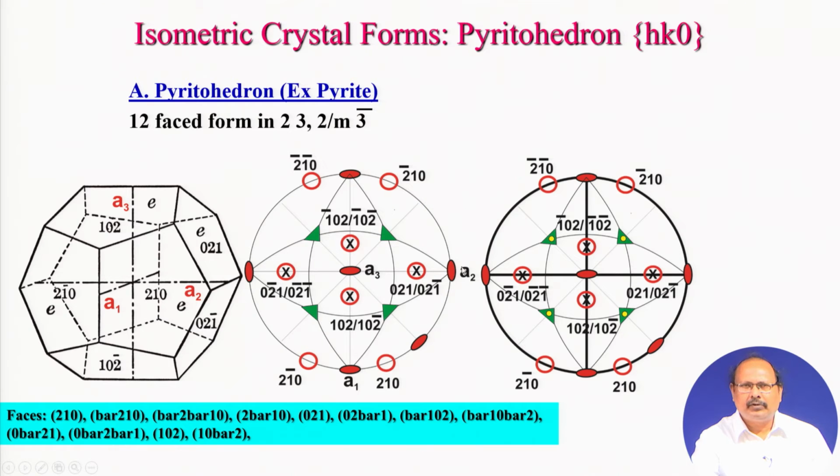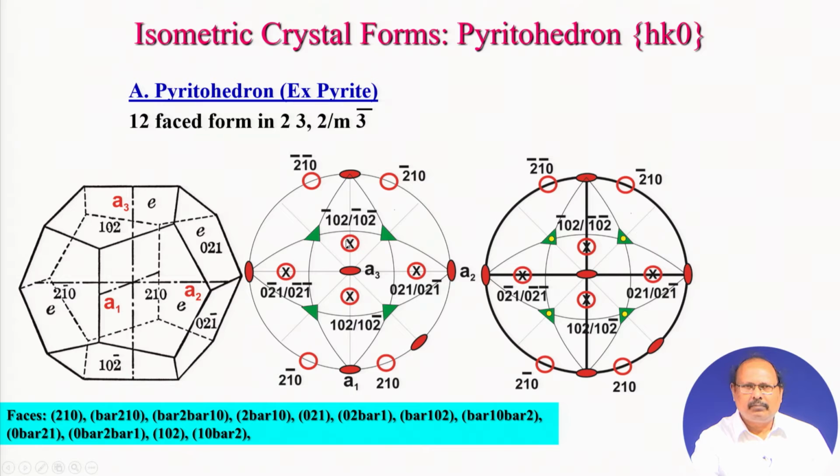We know this is 010 and this point here is bar 1 0 0, and this one will be bar 1 1 0. So, it intersects the positive direction of the A2 axis but the negative direction of the A1 axis. So, this is bar 1 1 0. Immediately this will lie in the zone between bar 1 0 0 and bar 1 1 0, so the symbol here will be bar 2 1 0.